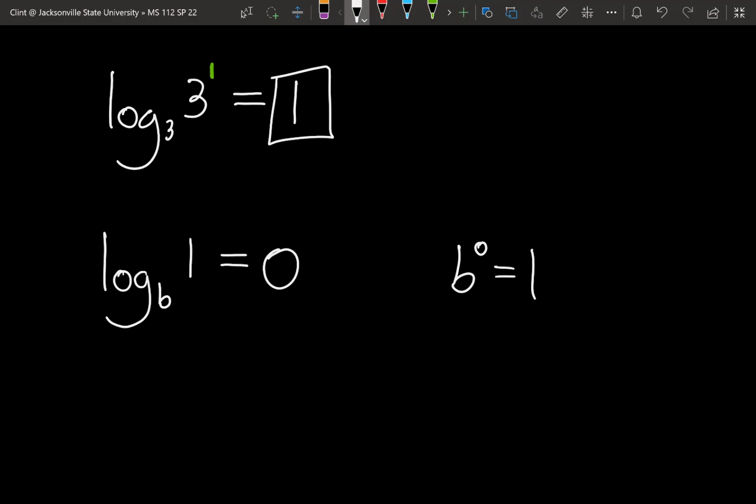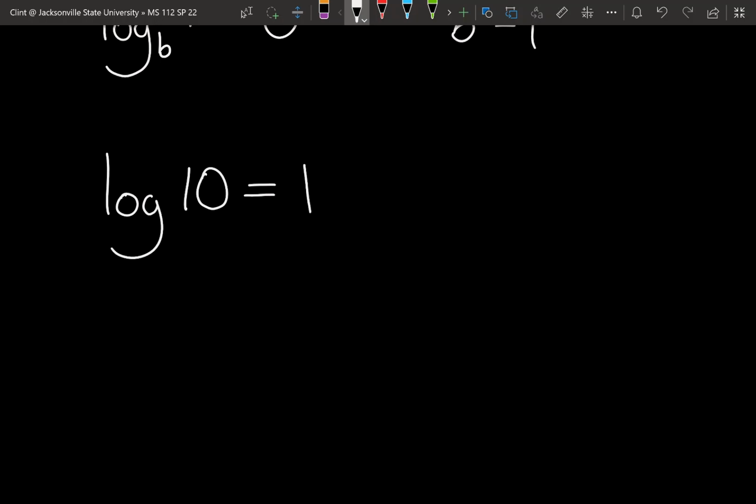And then thinking about our two special cases of logarithms, it's not quite so obvious. Well, if we've got the common log of 10, we don't have the base written, so that means the base of our log is 10. And when the base of the log matches the number that's inside there, it's just 1.